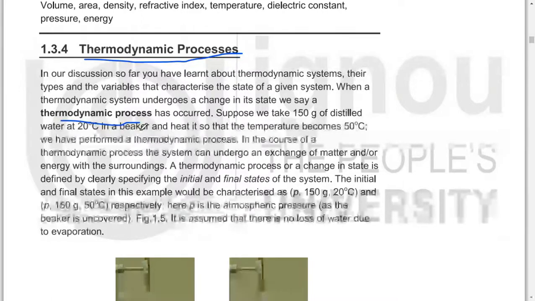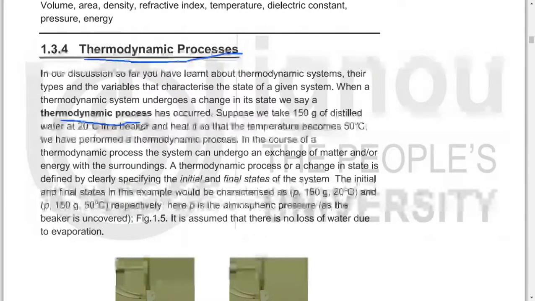In the course of a thermodynamic process, the system can undergo an exchange of matter and/or energy with the surroundings. A thermodynamic process or a change in state is defined by clearly specifying the initial and final states of the system.